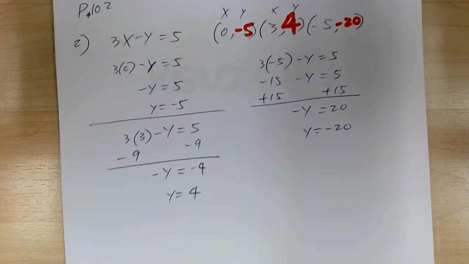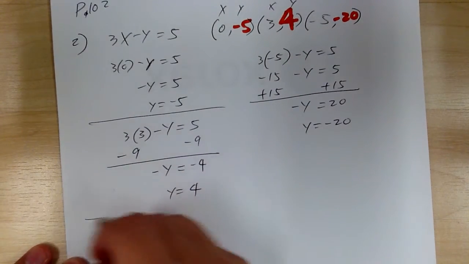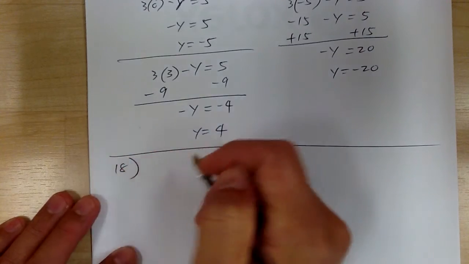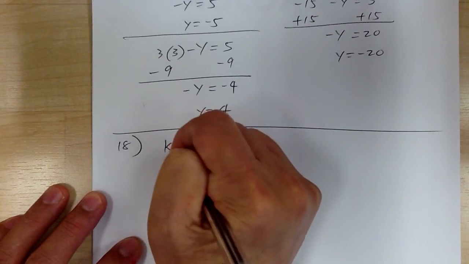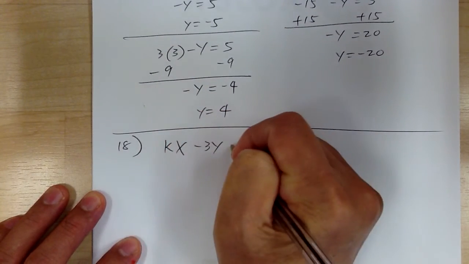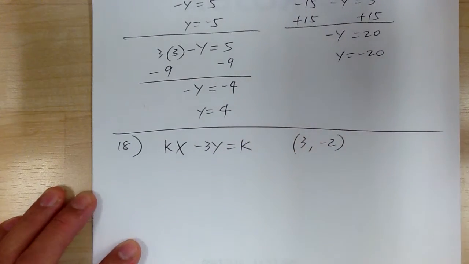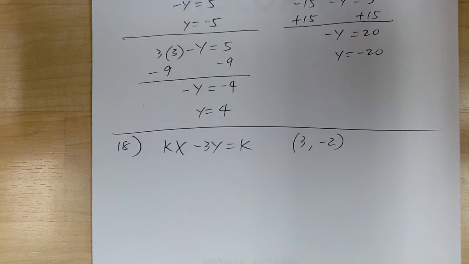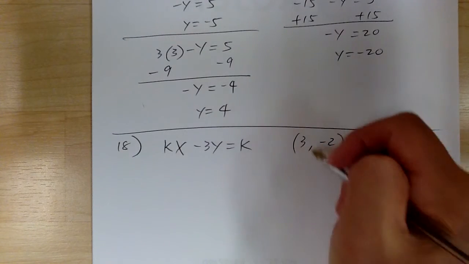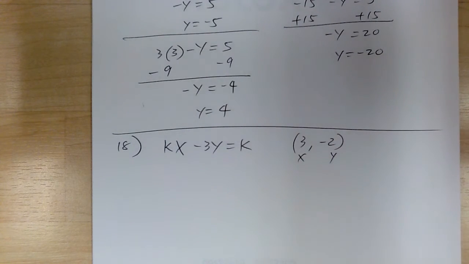Okay, so now let's go to number 18. Again, they give you the equation. You got kx minus 3y equal to k, and they give you 3 and -2. Remember what I said: they're going to give you an equation and some numbers. The key is just to substitute all the numbers in there, and whatever variable is left, that is the one you have to solve. And again, this is your x and y.